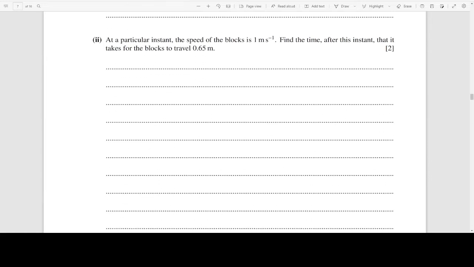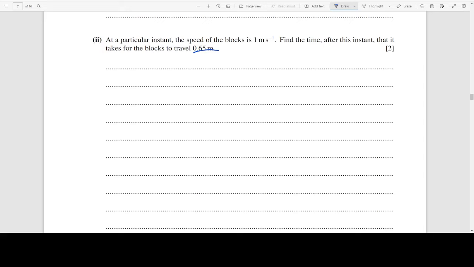Okay. At a particular instant, the speed of the blocks is 1 meter per second. Find the time after this instant that it takes for the blocks to travel 0.65 meters.